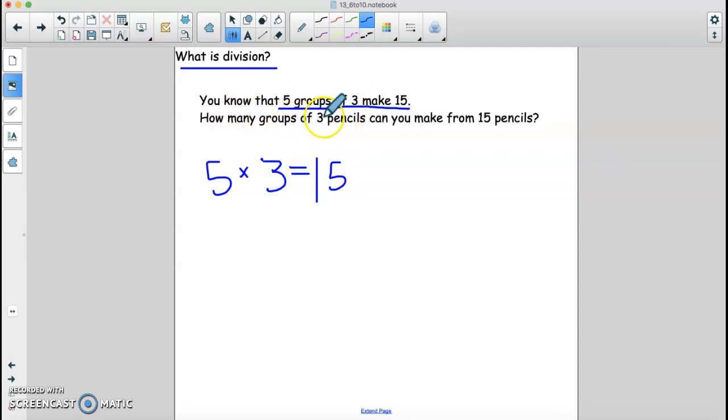Now, how many groups of 3 pencils can you make from 15? So it's saying if you have 15 pencils in all, so now I'm doing division.